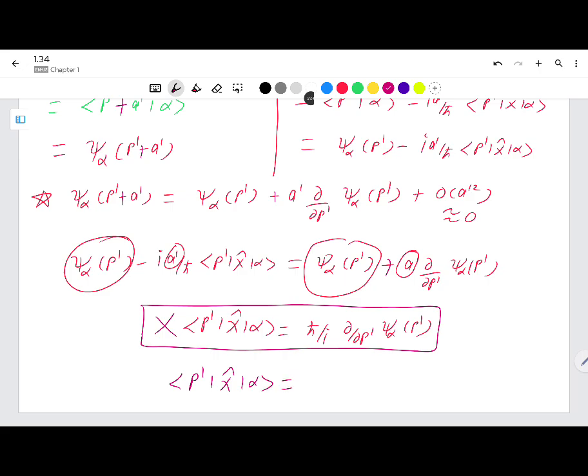This becomes h bar on negative i psi alpha P prime. This is i h bar del P prime of psi alpha P prime.